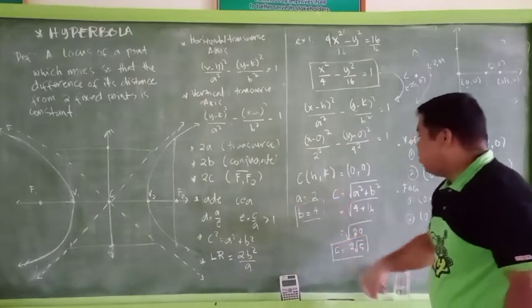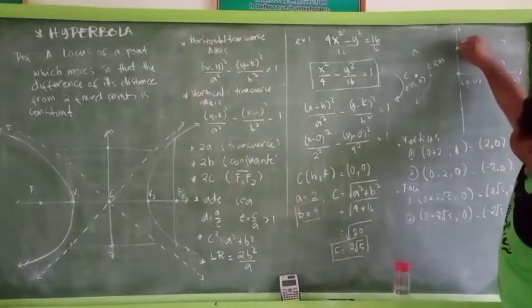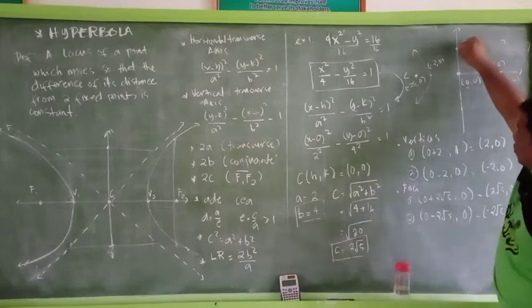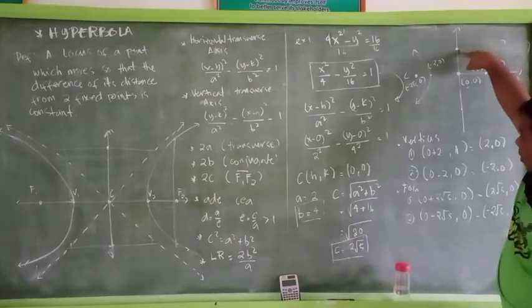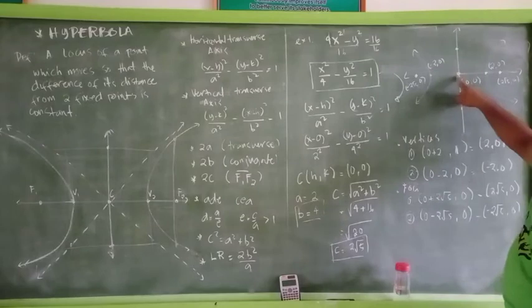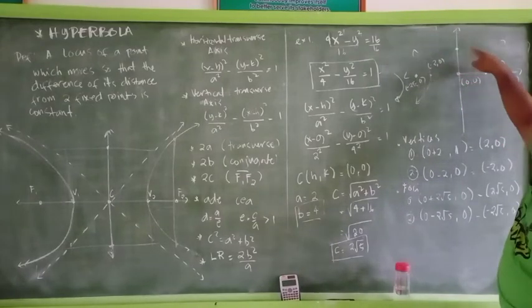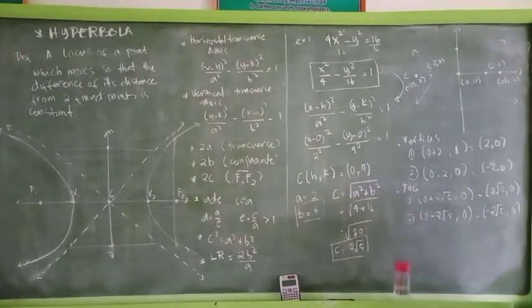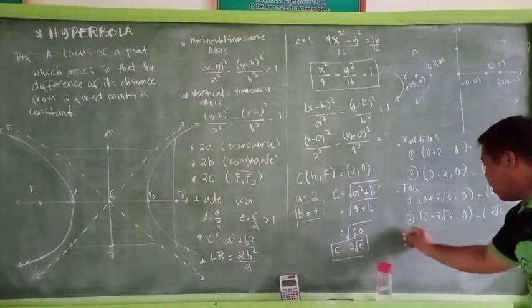The value of B, 4. So, from center to this point, dapat 4 yung distance niya. So, kung mapapansin natin dito, yung X natin is the same, tapos yung Y naman natin, dun tayo mag-add ng 4, tapos mag-subtract ng 4.